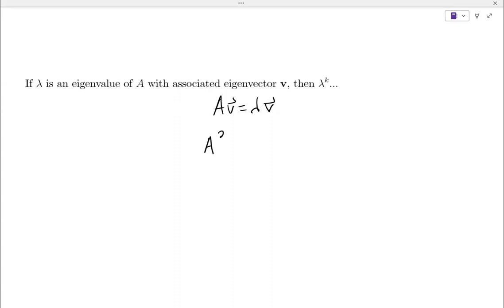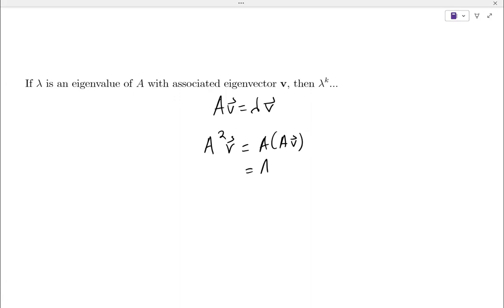What if you had A squared times v? Well, what does A squared mean? Multiply by itself, right? So this is the same thing as A times Av. What can you replace Av with?